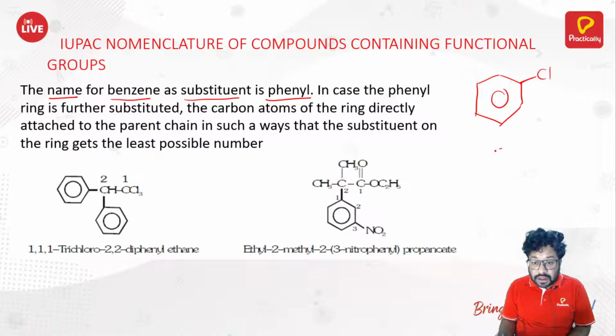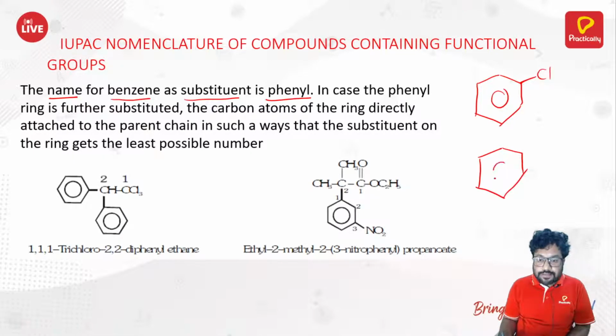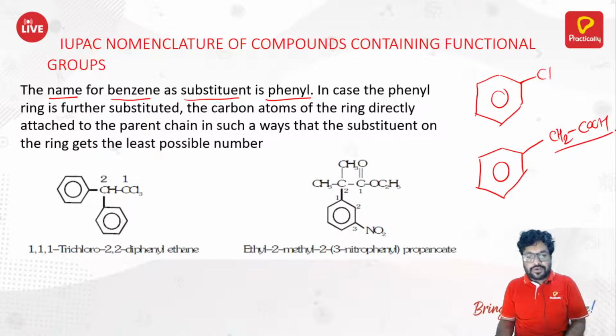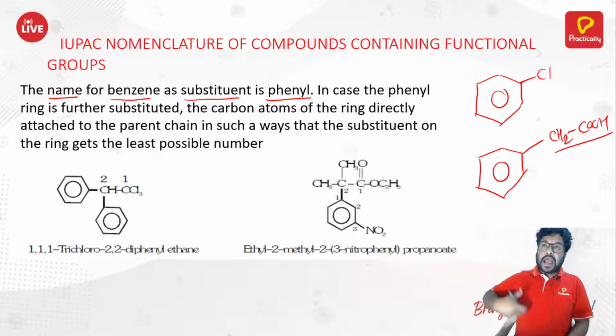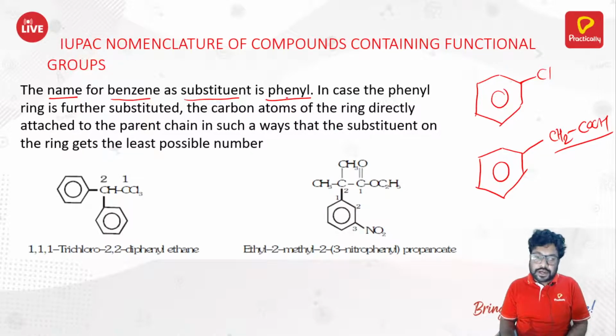But benzene is not a functional group as such. Suppose I have a benzene ring attached to a compound having a functional group like COOH. Now you need to consider the functional group as the primary focus. So the benzene ring becomes a substituent, and whenever the benzene ring is a substituent, it is called phenyl.